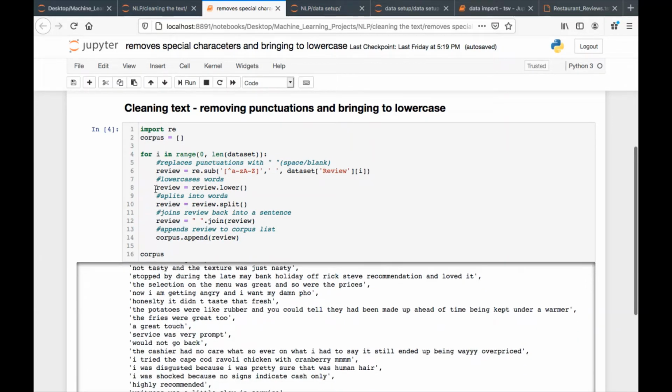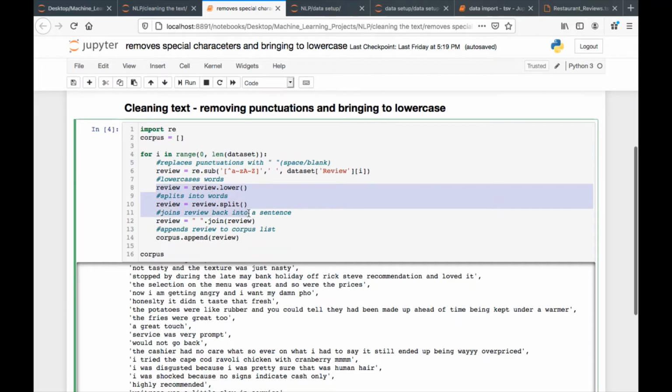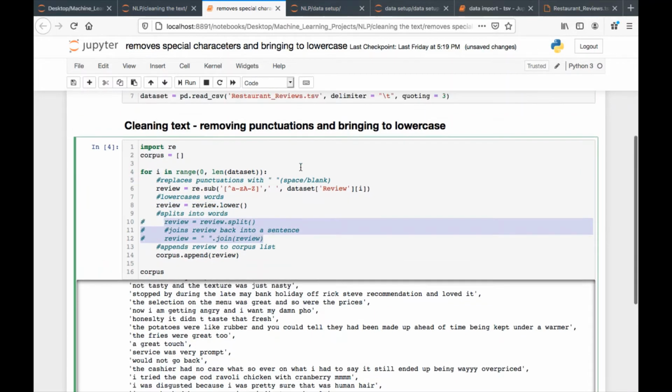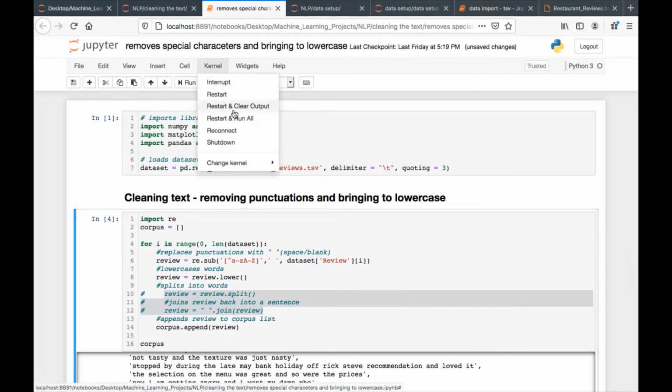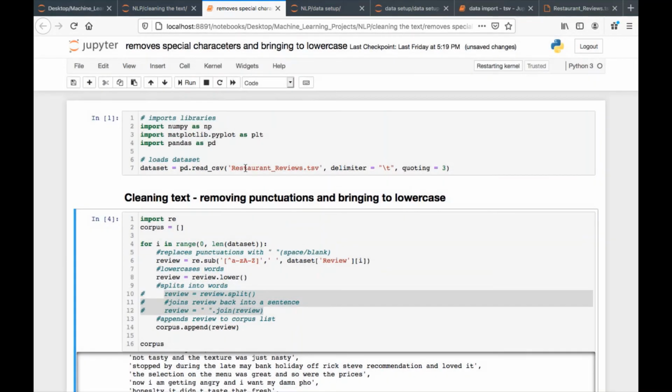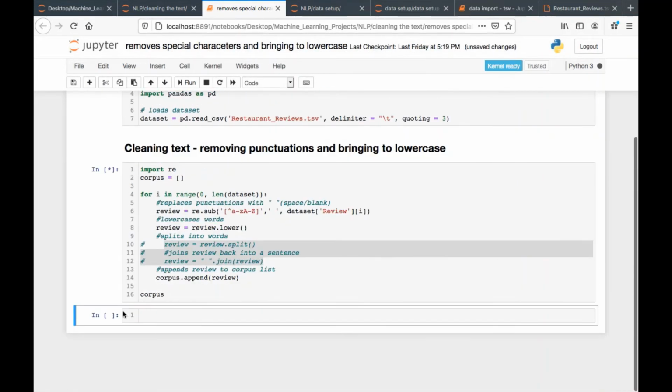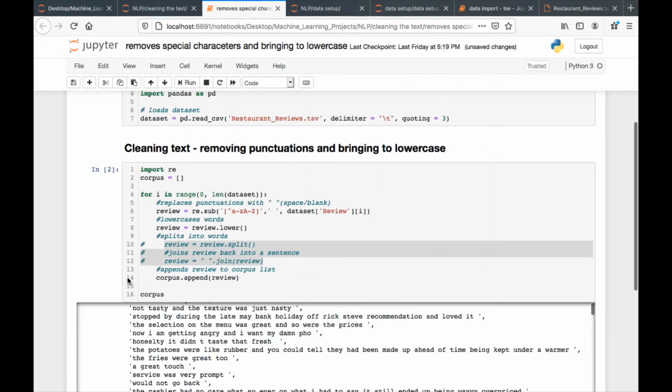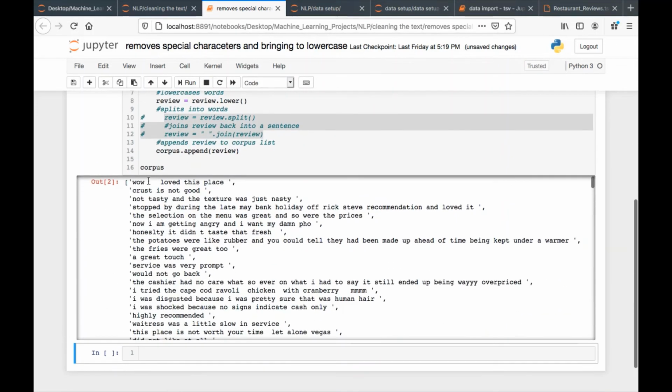For example, if I comment out these two lines, splitting and joining, and run my code, you will see in the first review, wow, there are many blank characters.